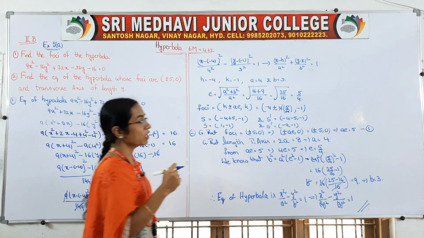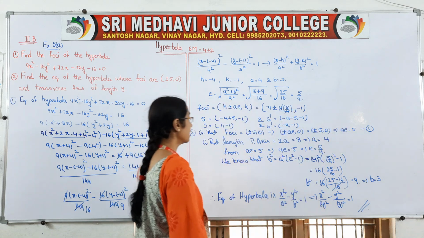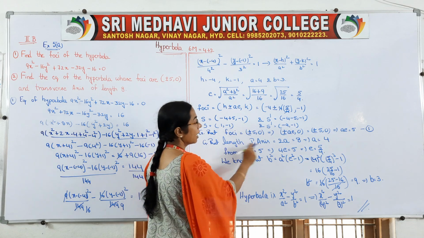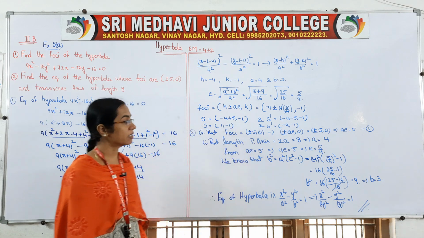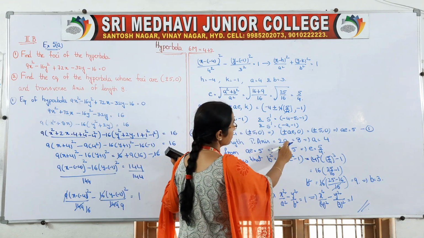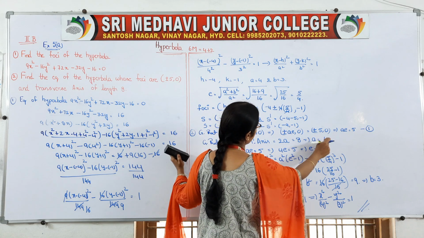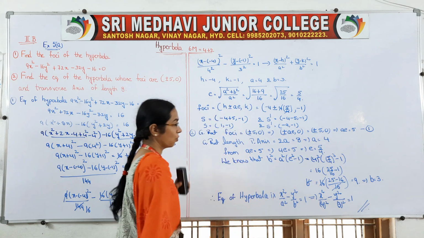So if we compare, your ae value is 5. Next, the second information given to us is the length of the transverse axis, right? The length of the transverse axis is given as 2a. So with this we get our a value as 4.